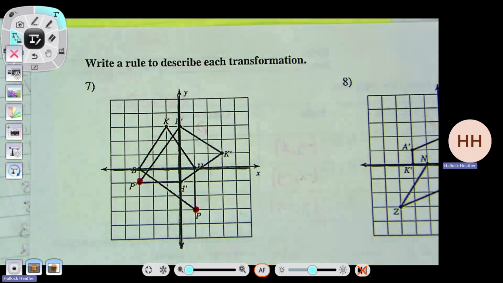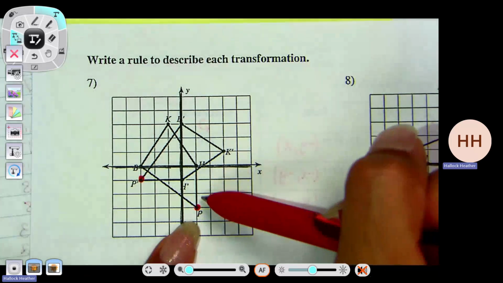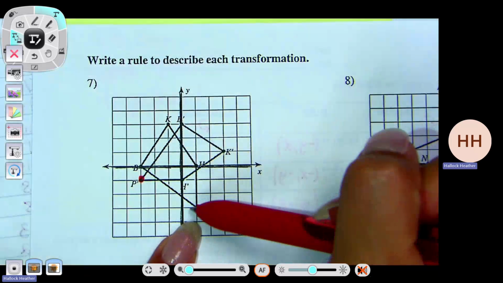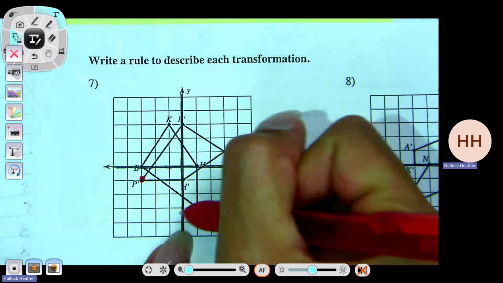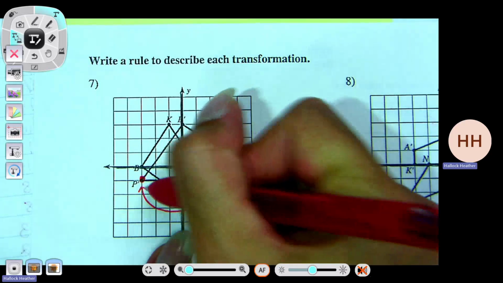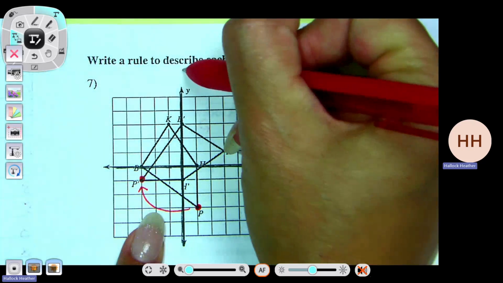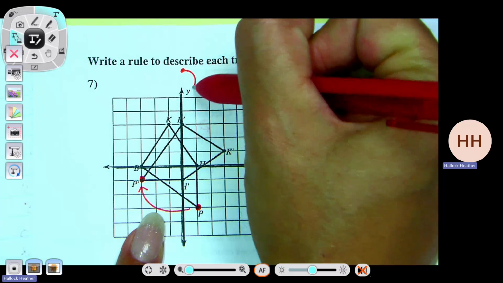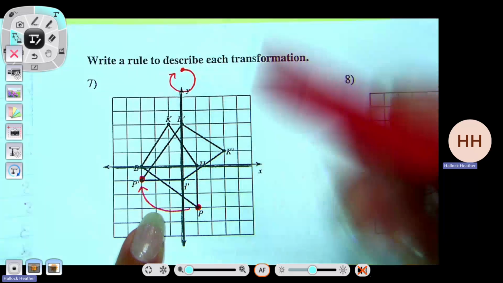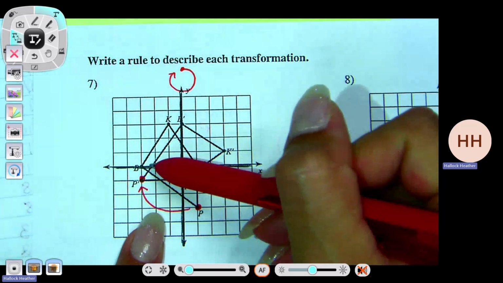P prime is where you're going. There are two correct answers because you can go clockwise or counterclockwise. It doesn't matter because they're the same. Do you want to go to the right and up and around, or do you just want to go to the left? If I go to the left, is that clockwise or counterclockwise? It is clockwise because if you start at 12 and you spin down and around, you're going around like a clock.